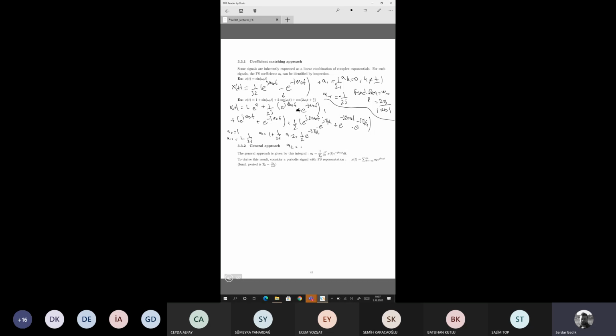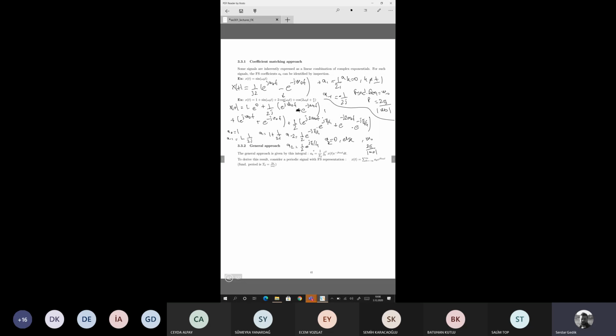A plus 2 is the positive term, e to the power j pi over 4. And ak is 0 else. Again, the fundamental frequency is omega 0, and the fundamental period is 2 pi over absolute omega 0. So I obtain the terms from a minus 2 up to a plus 2, and the rest are equal to 0.